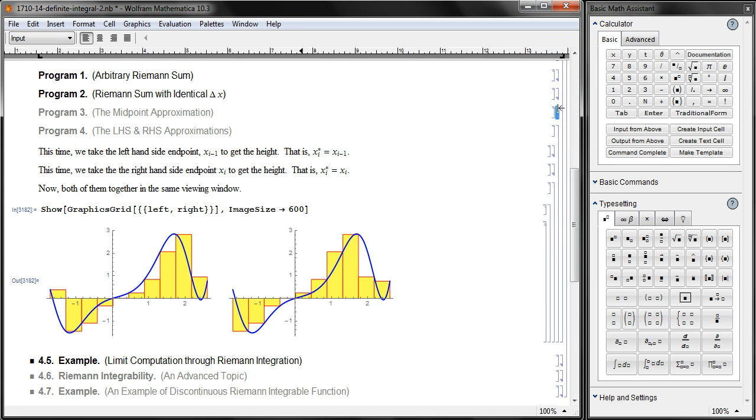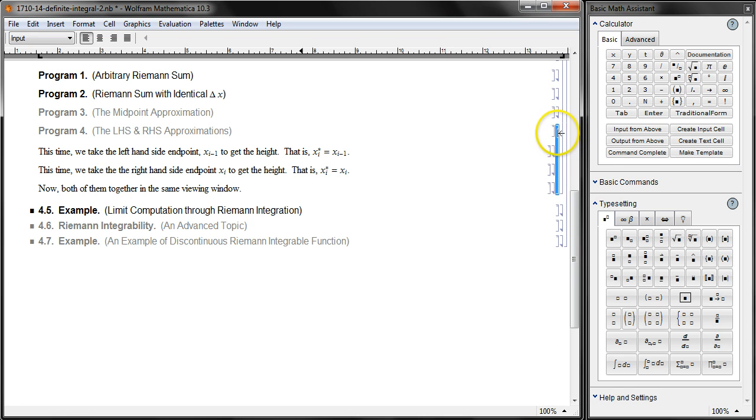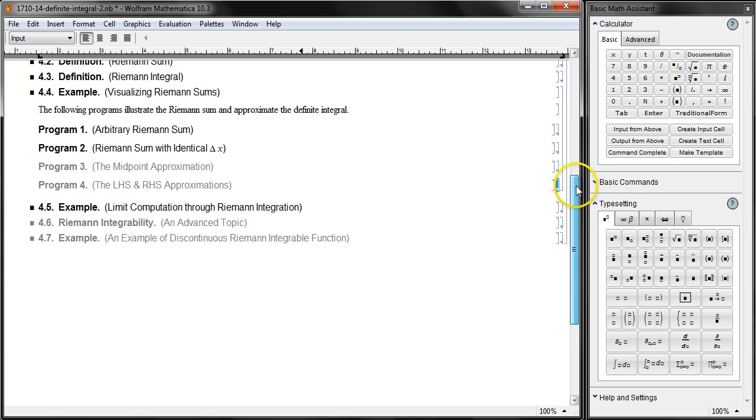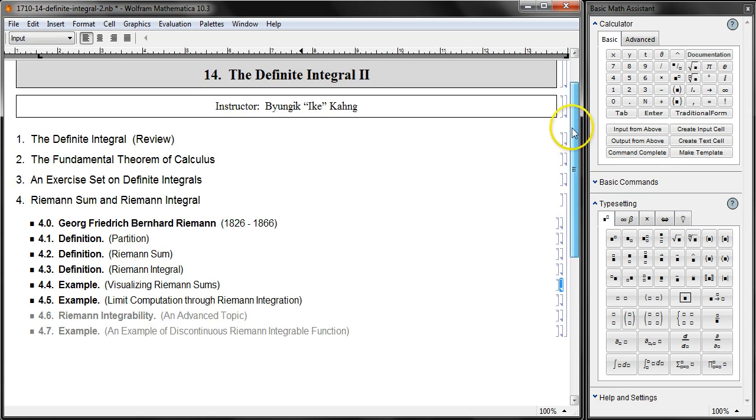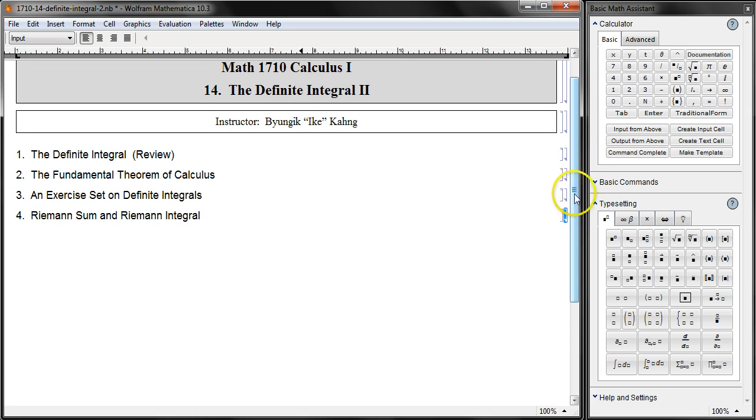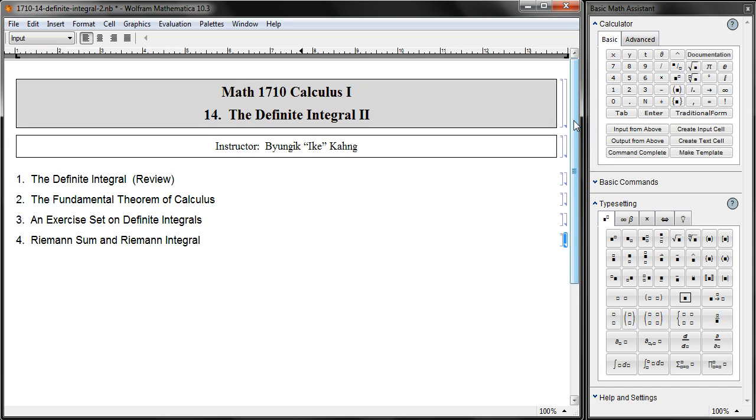None of those have any randomness here. However, in terms of approximation, the midpoint approximation is the best. Nonetheless, everything goes to the same limit, so you can use these to calculate the limit of certain Riemann sums using the fundamental theorem of calculus. We'll come back and discuss in the next video.